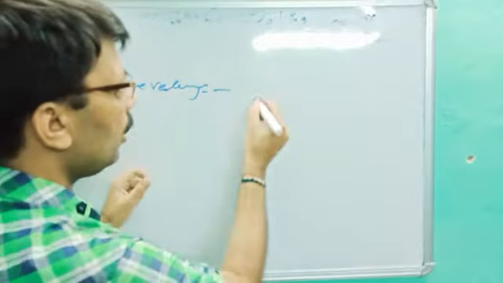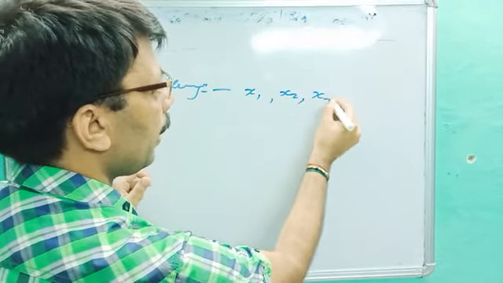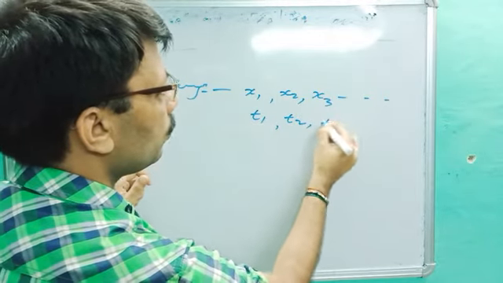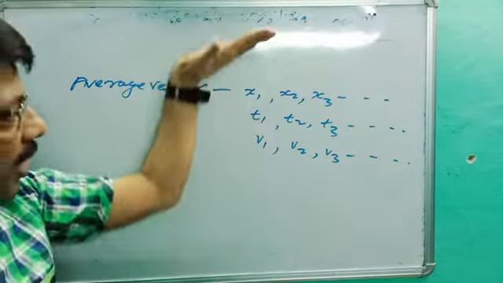For average velocity, let's suppose distances traveled are x1, x2, x3, and so on. Times are t1, t2, t3, and so on. Velocities are v1, v2, v3, and so on. Let us suppose some data are given like this.